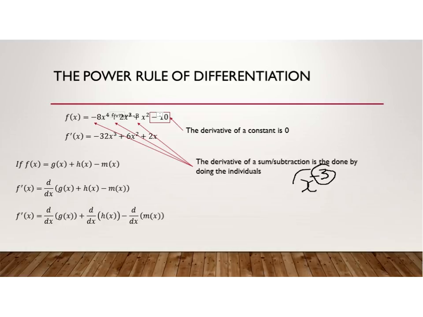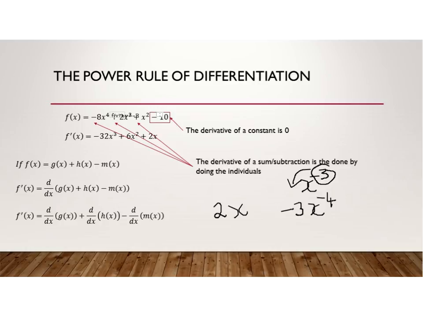What you do is you take the existing index down to the front. The existing index is negative 3. So you go down to the front and multiply. Because the existing coefficient doesn't have anything there, we consider it to be 1. So the new coefficient becomes minus 3. The index, I have to take the minus 3 and reduce it by 1. So that becomes minus 4.